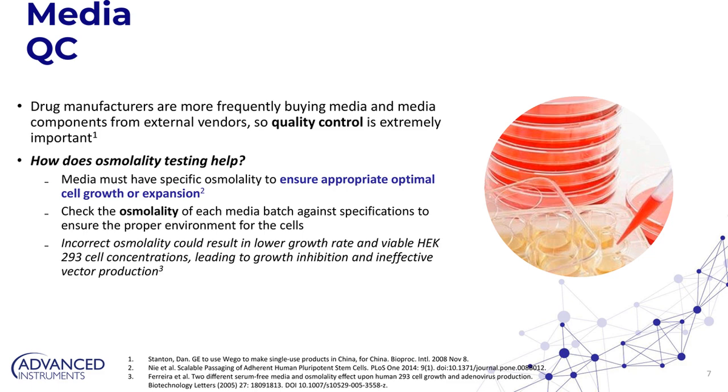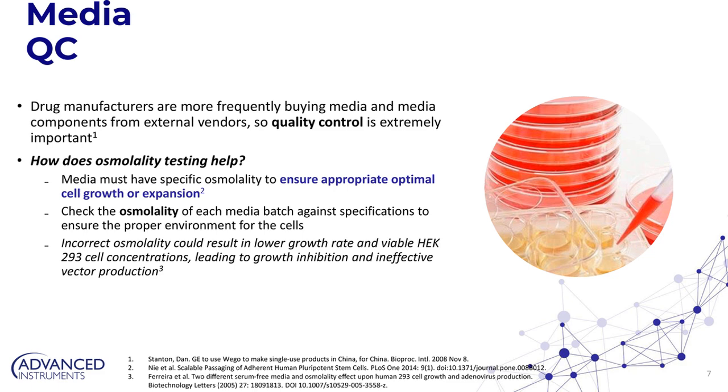And I did want to provide a little bit of insight into some publications that get pretty specific to HEK-293 cells. What's interesting is that we tend to think of osmolality in general as being around the physiological range of about 290, maybe 300 milliosmoles.